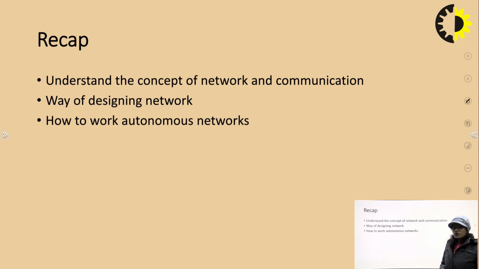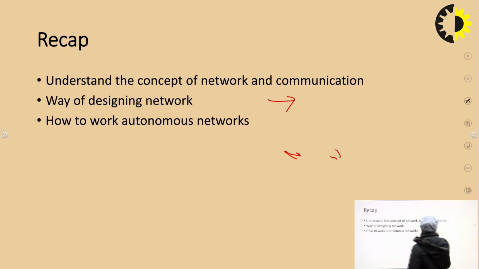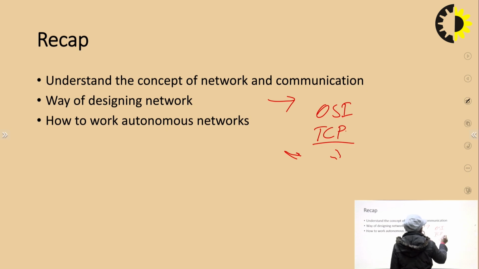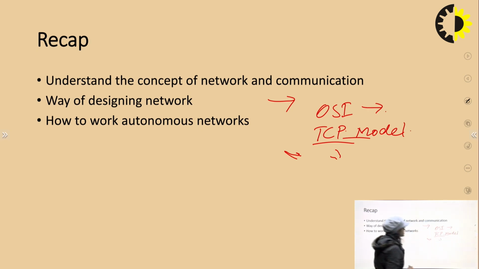We talked about the way of designing networks, with configurations like the OSI framework and the TCP model. This layered architecture provides the configuration of the network, and then we talked about the working process of autonomous networks.